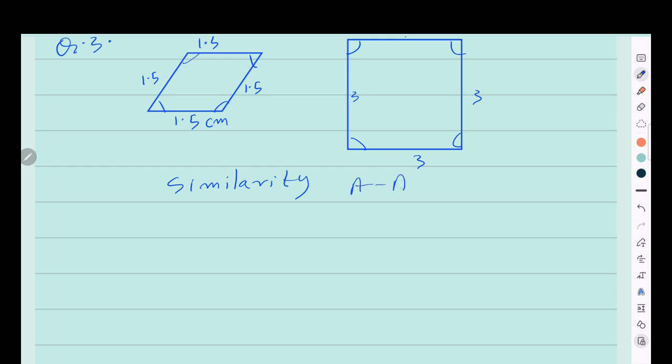So this criterion is not fulfilled. So these two quadrilaterals are not similar. So they are neither similar nor congruent.